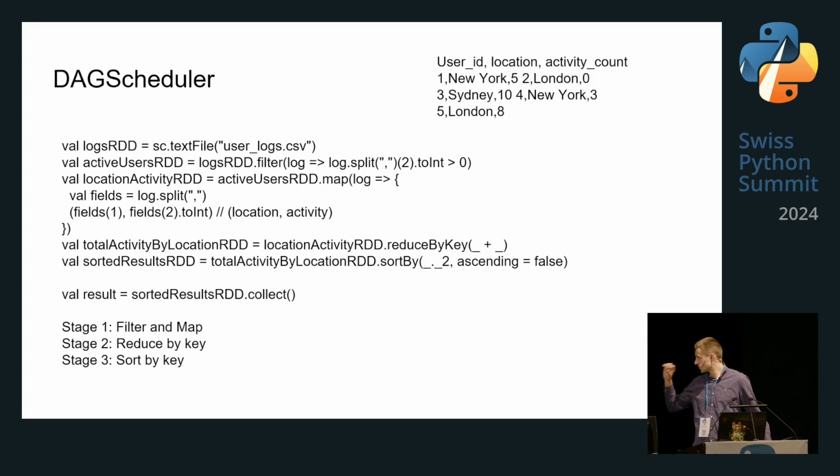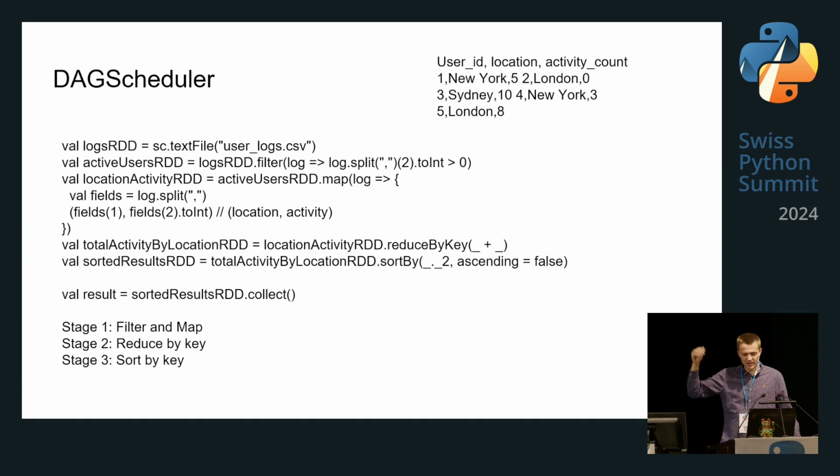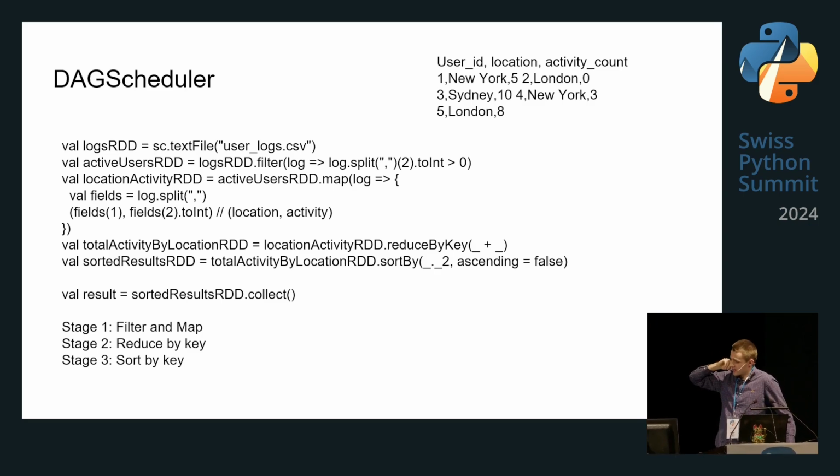And so after it's split the data up into stages, or maybe before I come on to that, for this code here, I realize I'm going through it quite quickly, but it's basically taking a data set like what you see in the top right-hand corner, that's a CSV, and it's trying to find which locations to rank by popularity.